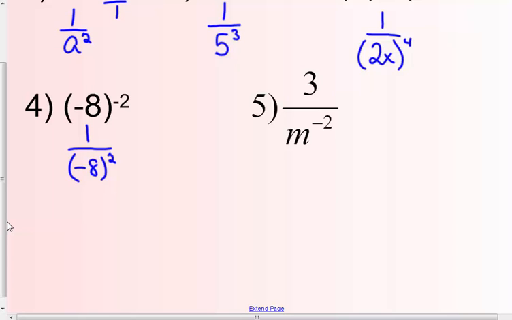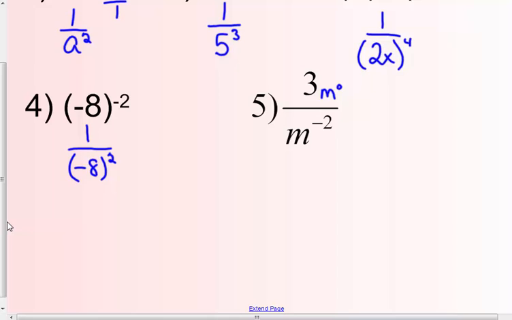Make it positive. So, thinking about that multiplicative inverse idea, 3, well, that's like really having an m to the 0. It's times 1, right? Could think of it this way. This is one way I could think of it. It really has like an m to the 0 on it, which is really just 1. 3 times 1 is just 3. I could put an m to the 0 up there.